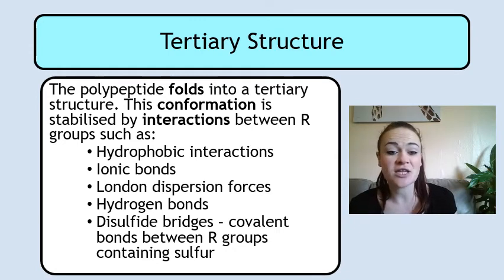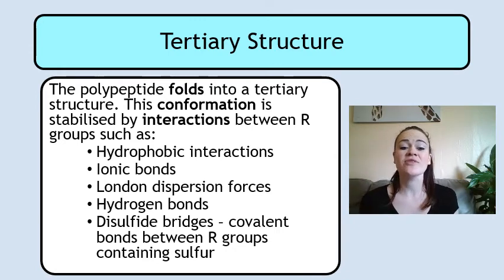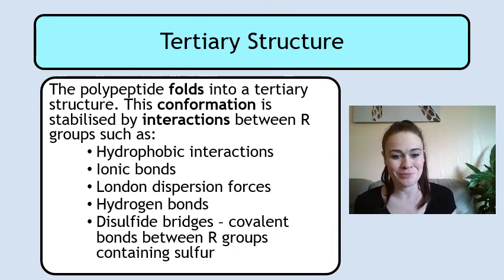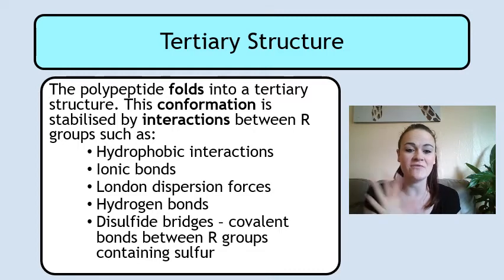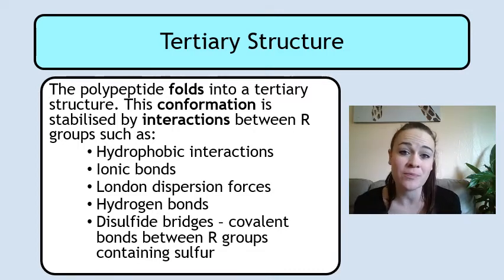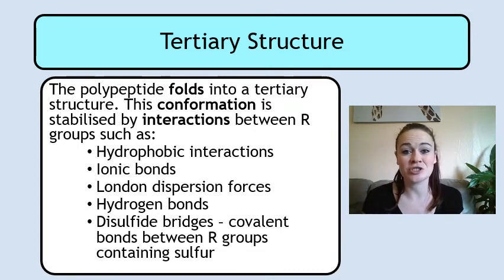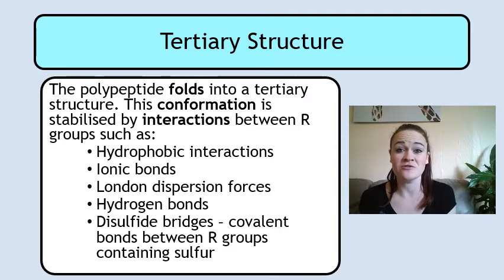The disulfide bridge is a covalent bond that's going to form between two R groups that contain sulfur. These are the five interactions that you need to know about for the tertiary structure, and they dictate the way a protein folds and gives it that 3D shape.